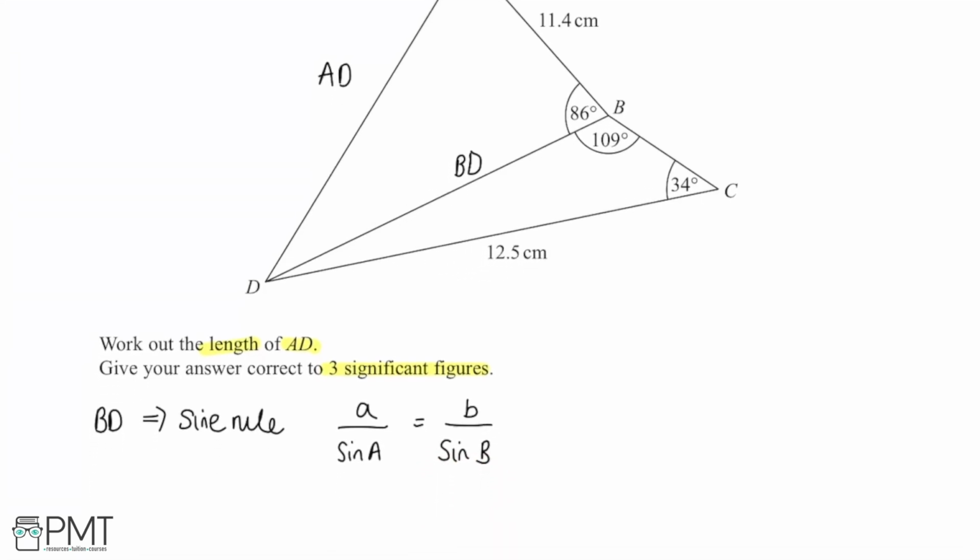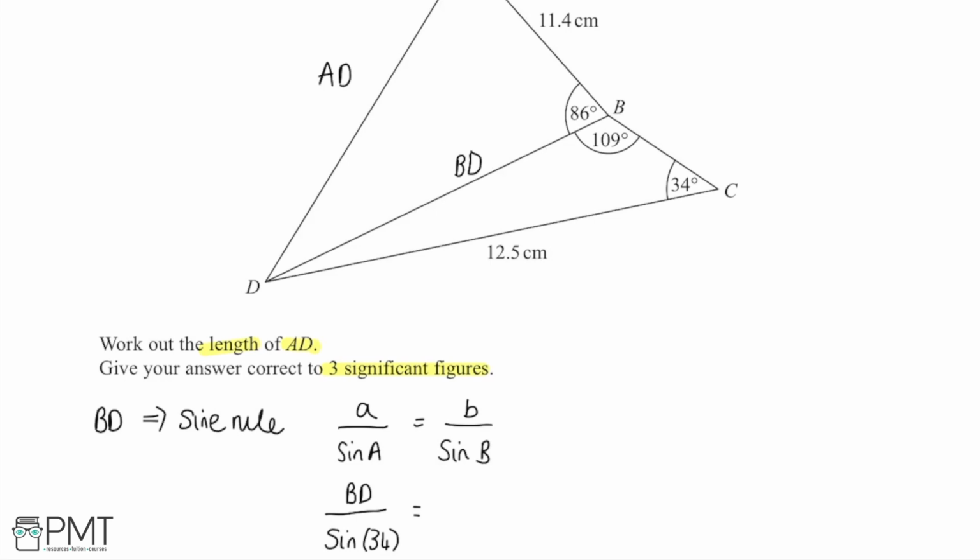So just to make that a little bit clearer, we can substitute in the values. So if we take firstly BD divided by sine of the angle opposite that side length, so the angle opposite this side is actually going to be this 34 degrees over here. So sine of 34.